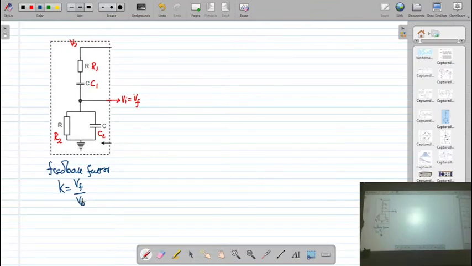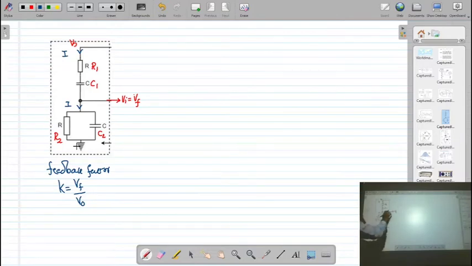For that, let us assume some current. Let us say in this network some current I is passed. This current passes through the resistance and capacitor. They are in series, so the same current will be there. This parallel combination is in series with this combination, so the same current I also passes through R2 and C2.